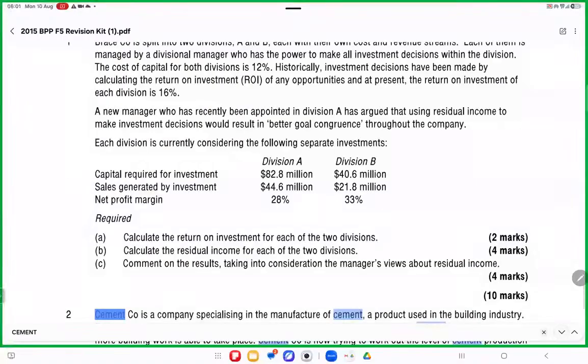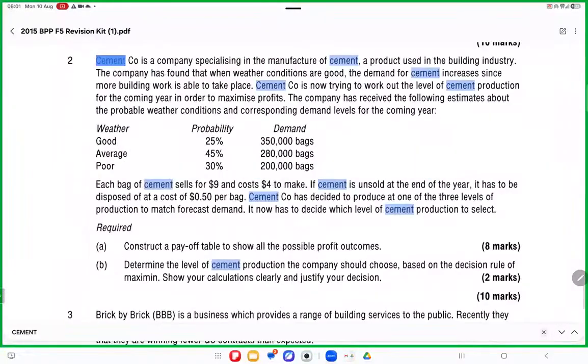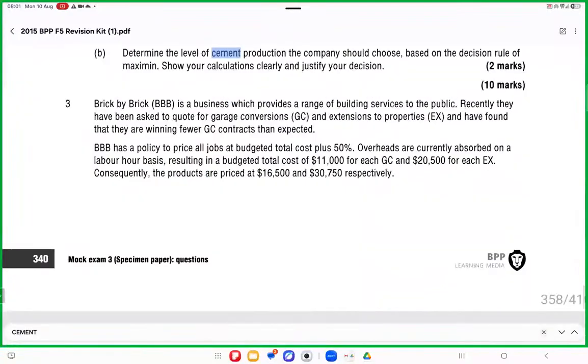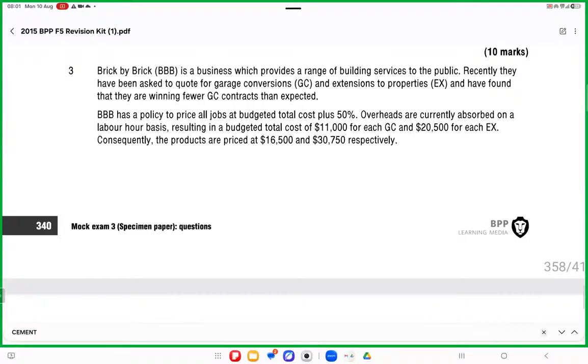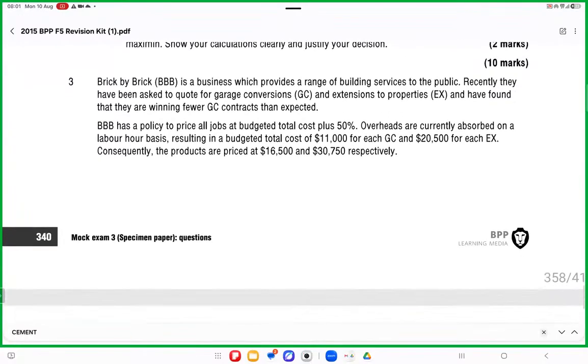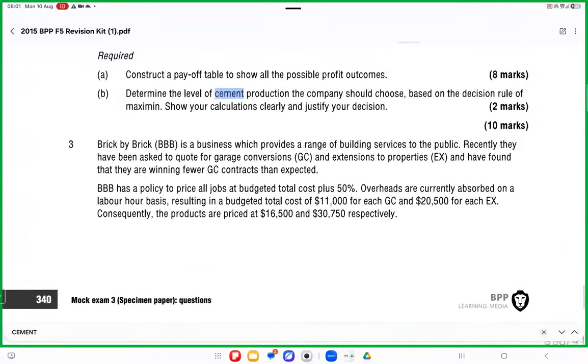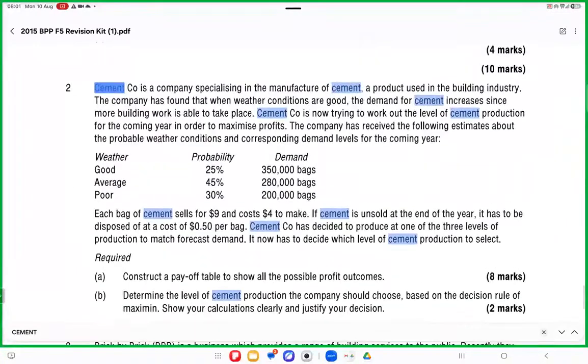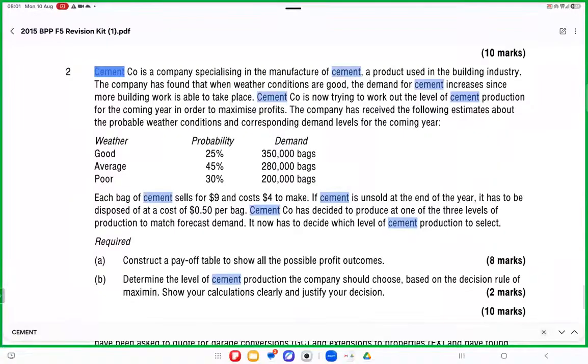Yeah, this one here. It's question number 2 of page number 340, in the book, page 340, question number 2, cement company.